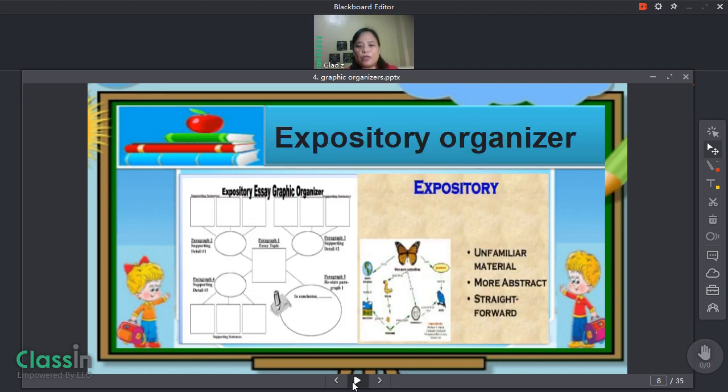For this example, these are examples of expository essay graphic organizers. It is unfamiliar material, more abstract and straightforward. Remember, class, we use this at the beginning of our new lessons, to expose the unfamiliar topic or unfamiliar lesson to the student.